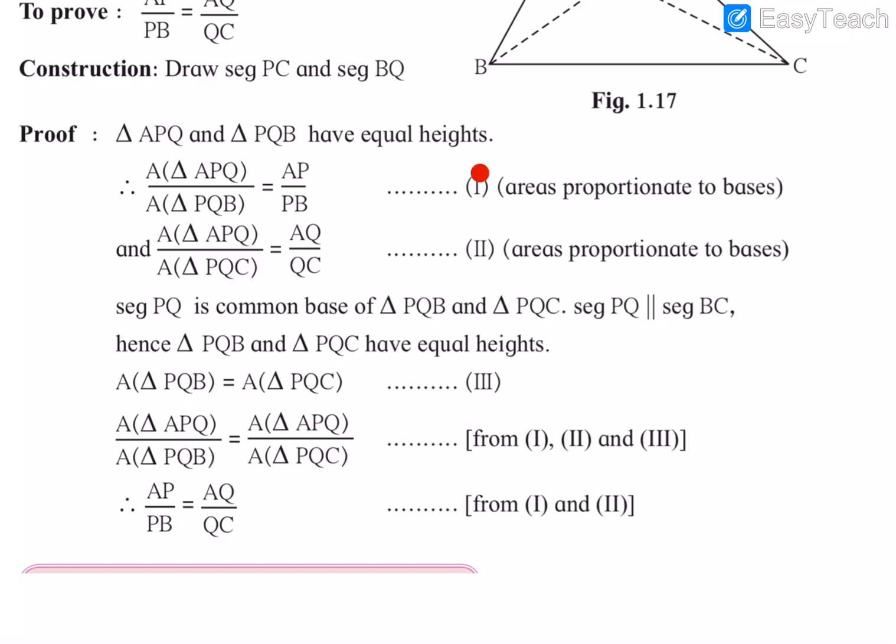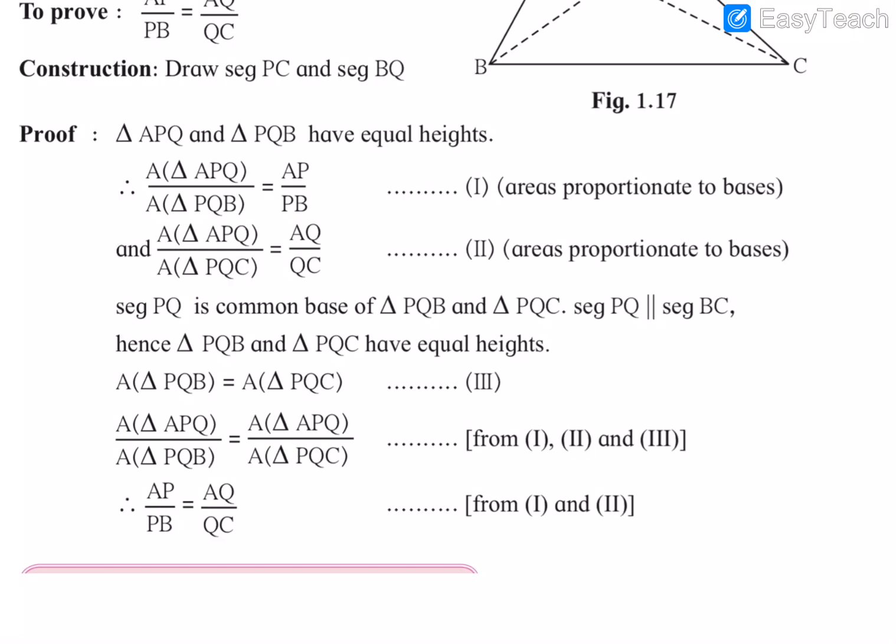So from 1, 2 and 3 we can write that APQ by PQB is equal to APQ by PQC. Since the area of PQB is equal to PQC, which we have proved, we can write these two sides are equal, the left sides of the two equations are equal.